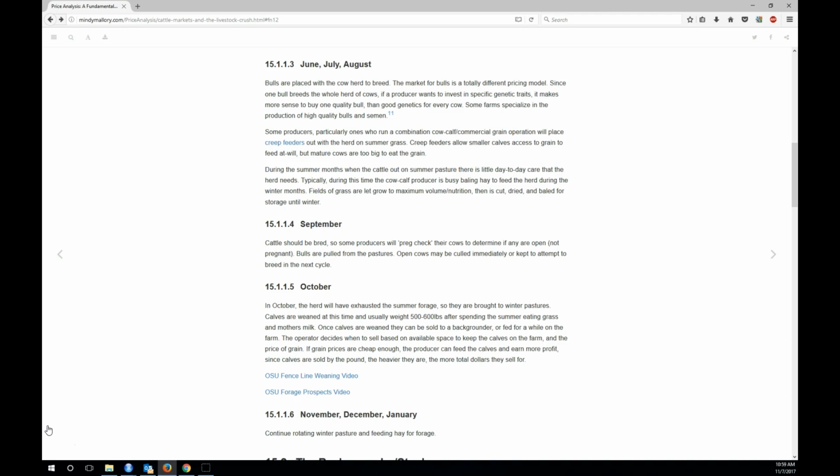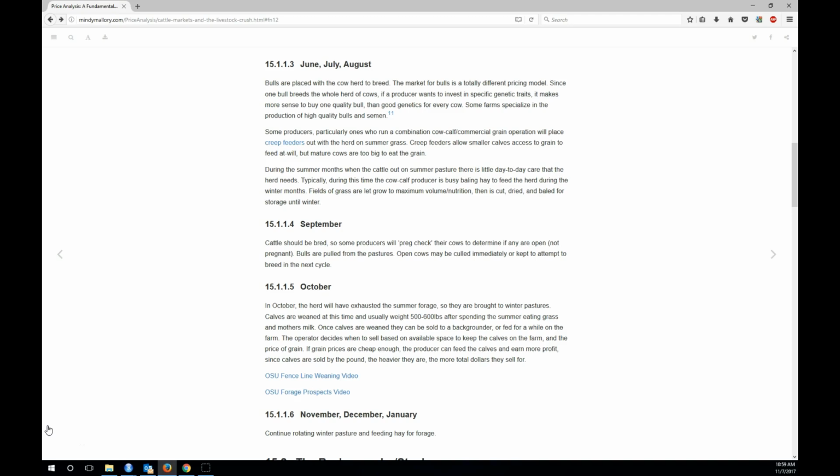All right, so by October, the herd will usually have exhausted the summer forage in the summer pasture, and so they're usually brought home to winter pasture. And this is around the same time that the rancher is going to wean the calves that were born in the last early spring. And they usually weigh 500 to 600 pounds after they've spent a summer eating grass and mother's milk.